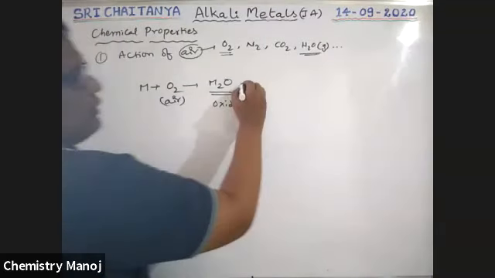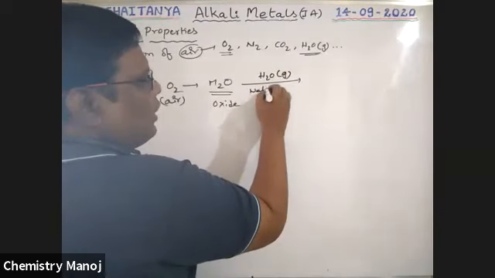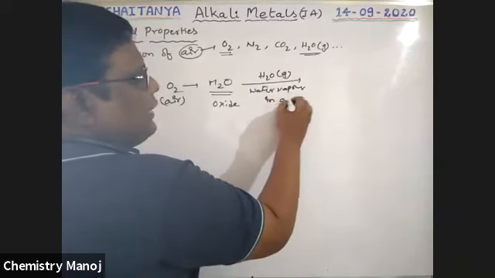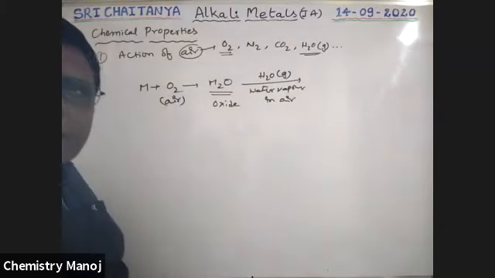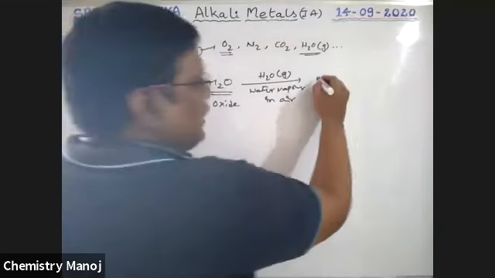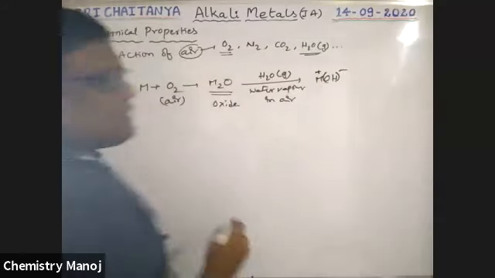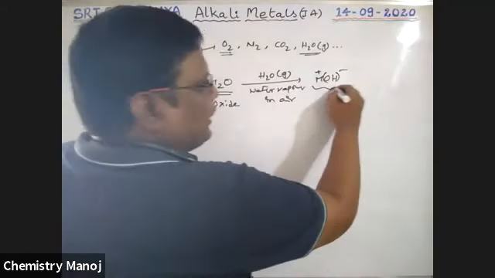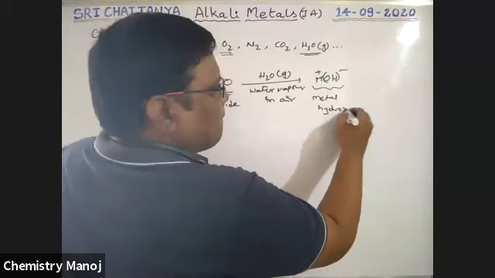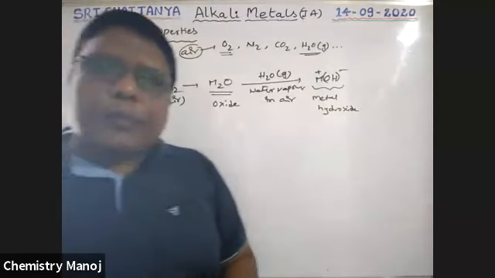So now this reacts with H2O gas, that is water vapor in air. Automatically this metal oxide converts into metal hydroxide, M plus and OH minus. So the corresponding alkali is produced.